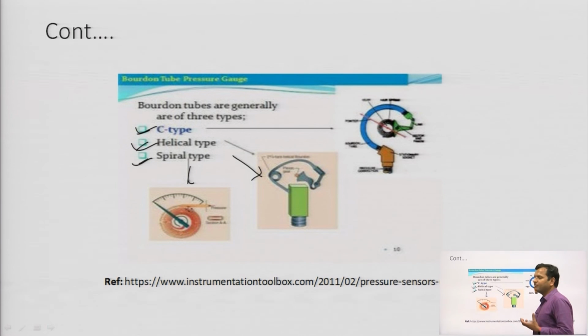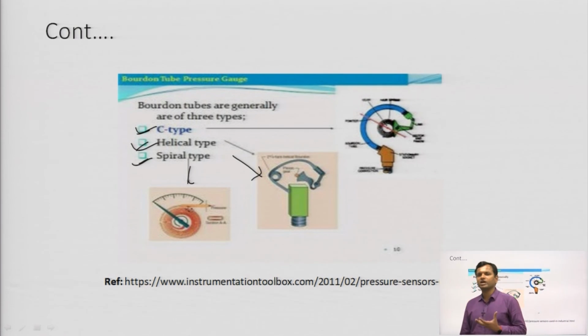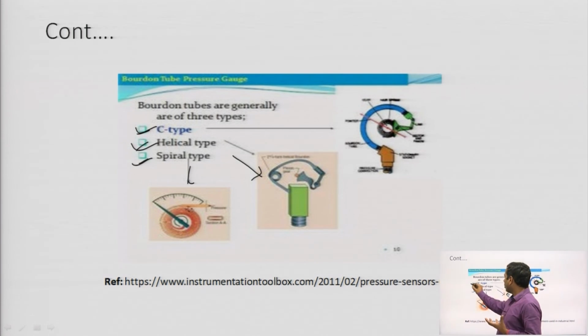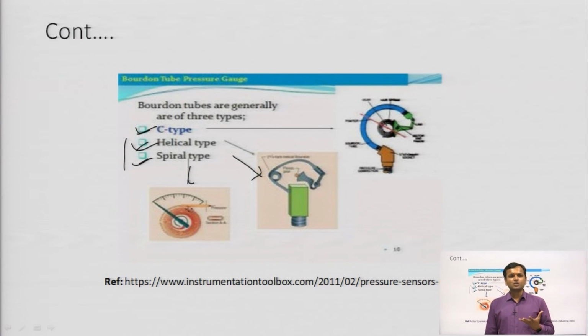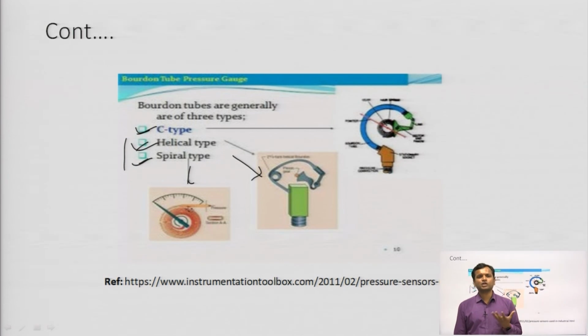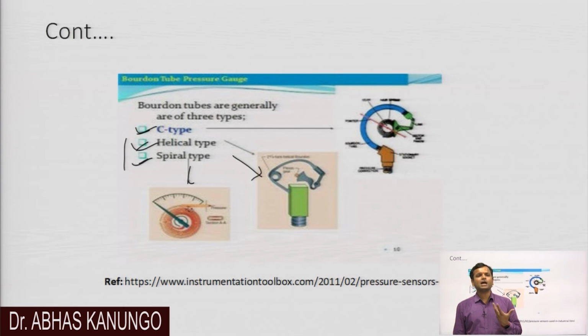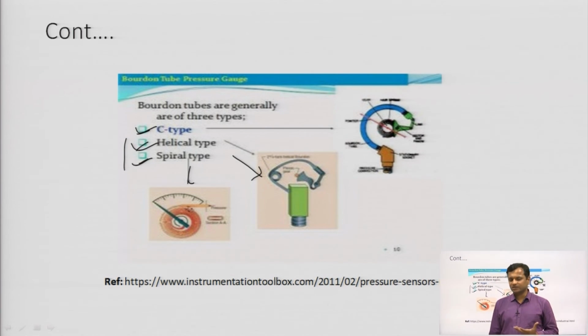The shape is different, but the basic principle and working are the same. All of these are primary transducers that can be connected to a secondary transducer to make an electric output. We will see this more precisely in the next lecture.